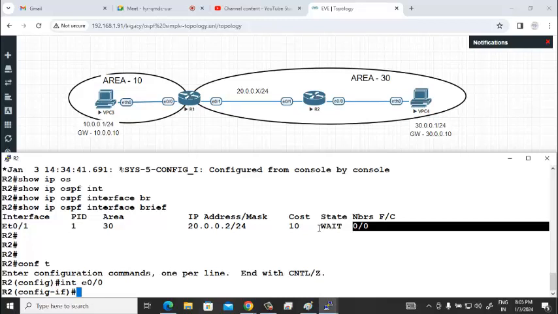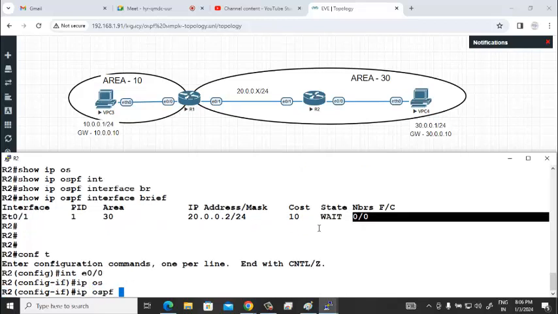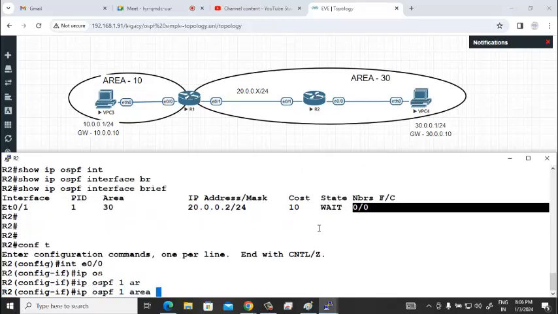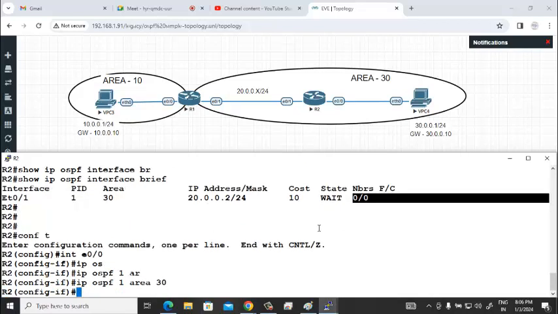I need to go to the interface to show you the newer method. How? ip ospf process ID area 30. That's it. This is very easy. You don't need to write a wildcard mask and all the stuff. Now if you check show ip ospf interface, you can see this other interface is also added to area 30.